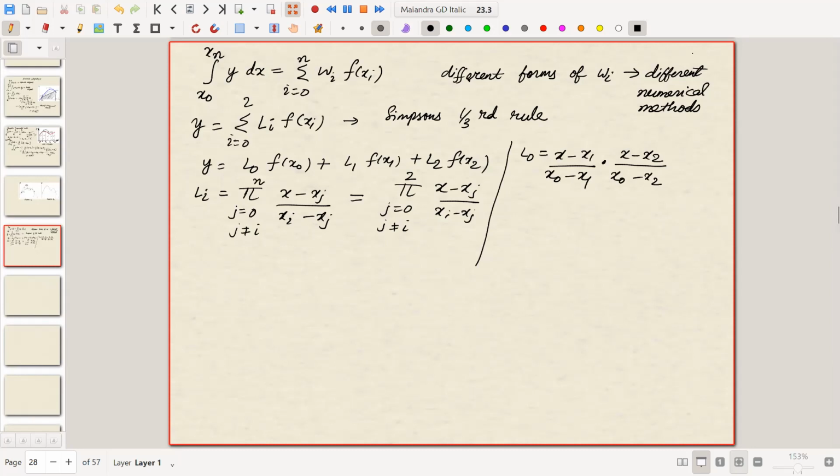Observe this pi. What does this pi mean? You are taking multiplication. Therefore, we are multiplying. Similarly, you can calculate L1; I'm just writing the direct result. You can see this.